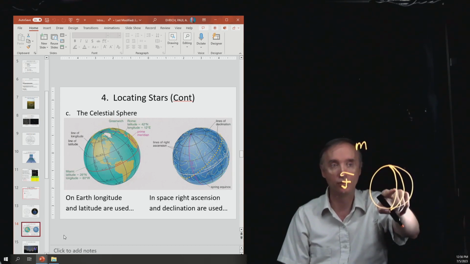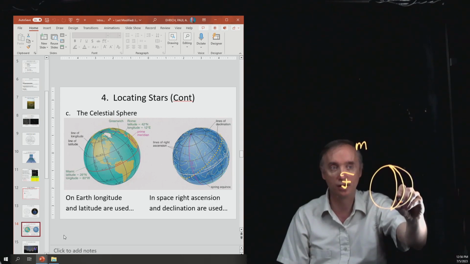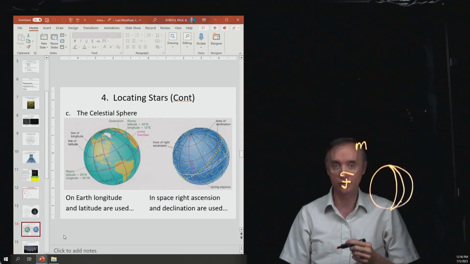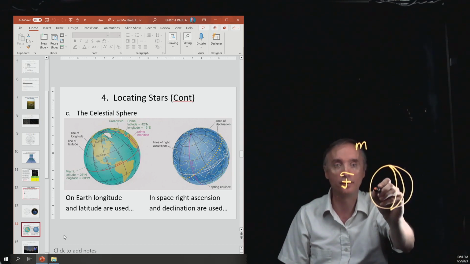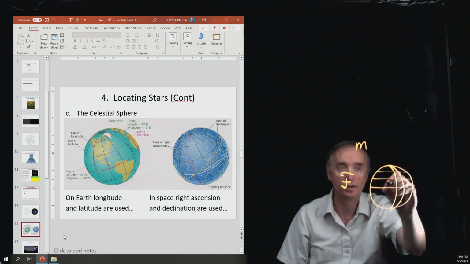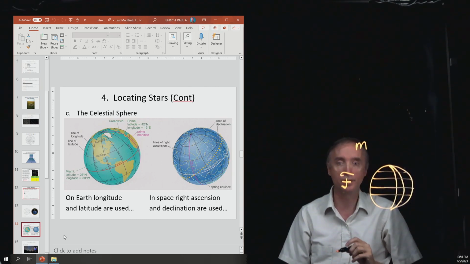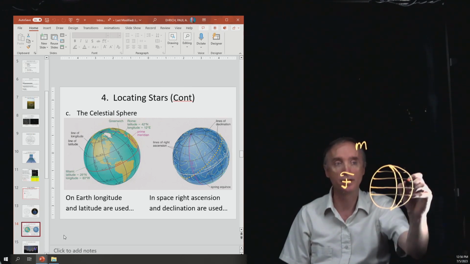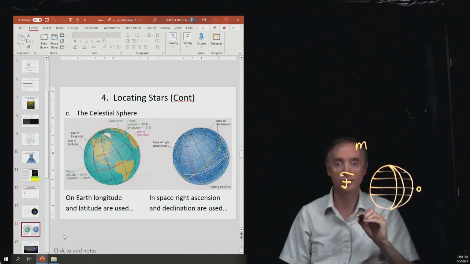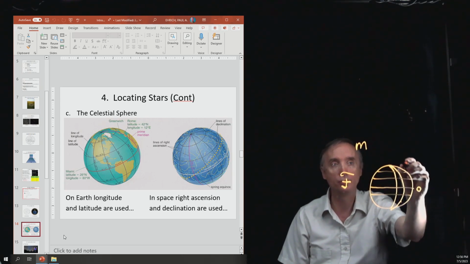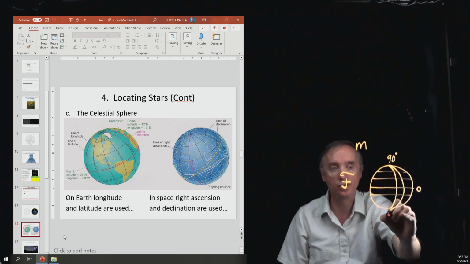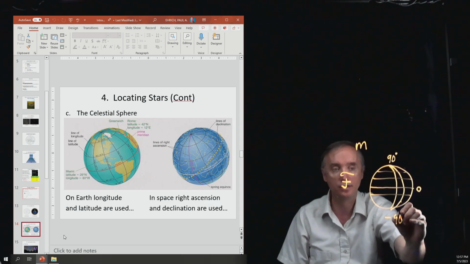In order to go from this line to this line, you've got to go right, so that's why they call it right ascension. On the other hand, you have these lines, and those are the declinations. This is 0 degrees declination, and it goes all the way up to 90 degrees up here, and down here would be negative 90 degrees.